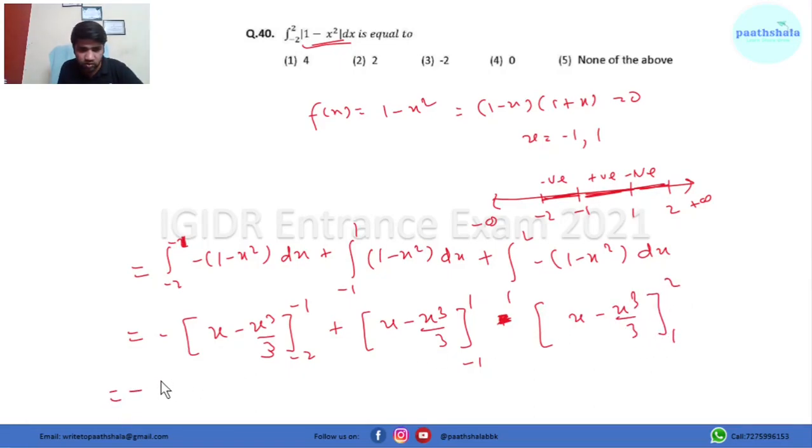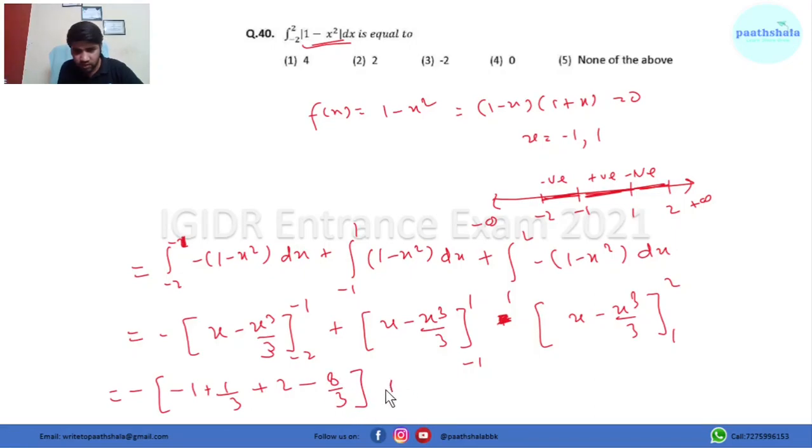Now put the limits. When you put minus 1, this comes out to be minus 1, and minus 1 cubed, so minus minus becomes plus, so plus 1 by 3. When you put minus 2, since there is already a minus sign, this becomes plus, and minus of minus becomes plus, so this ultimately becomes minus 8 by 3.